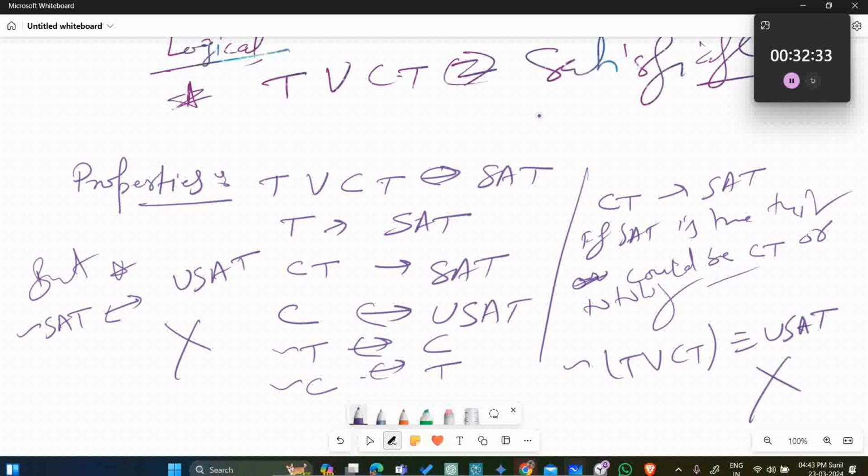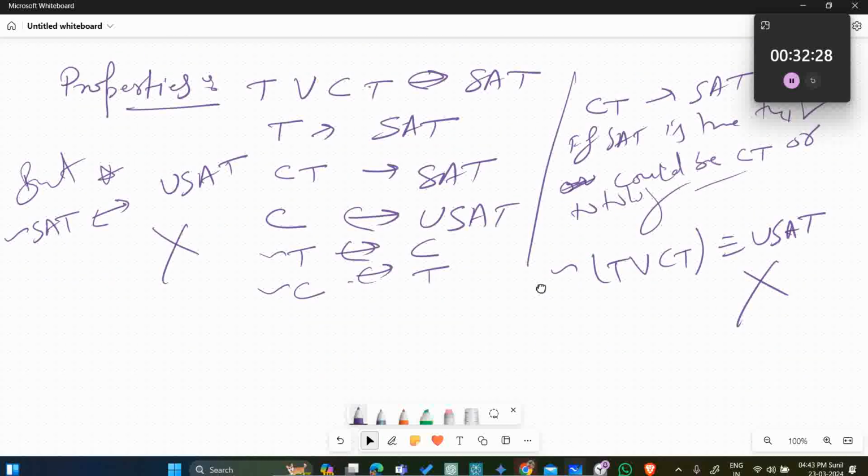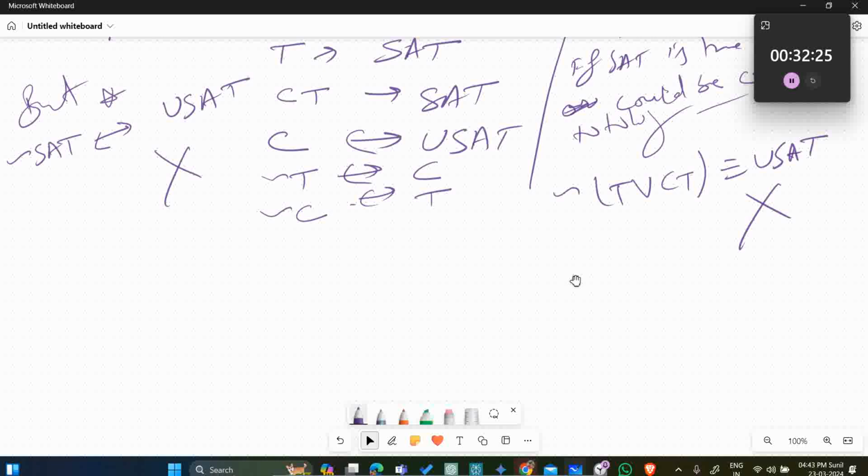These are both important properties. Contingency is satisfiable and tautology is satisfiable; this is one way, so proven. One way theorem.